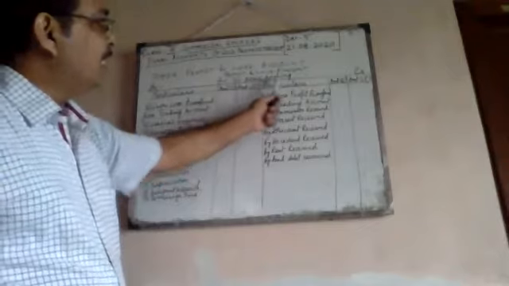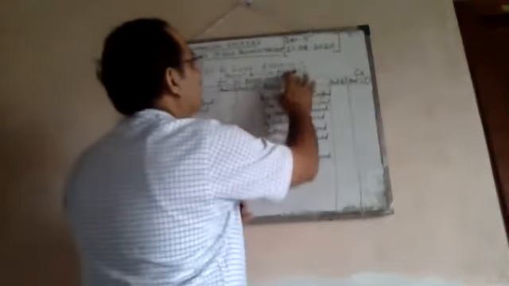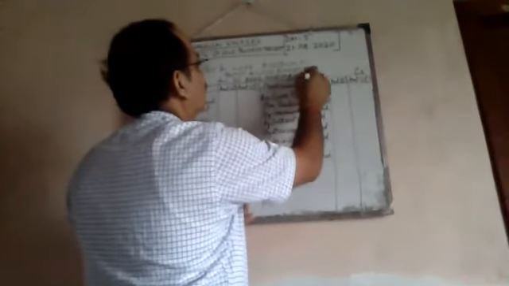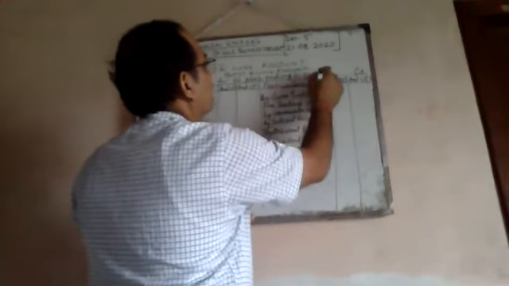So let's see what items appear in a profit and loss account. We begin by writing the heading: Profit and Loss Account for the year ending 31st December 2019.